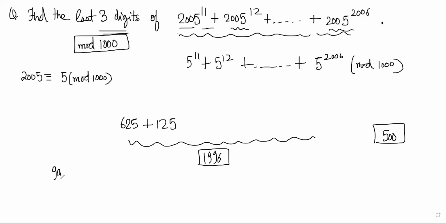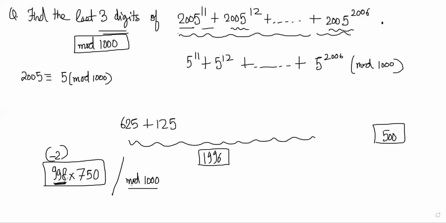Finally it will be 998 into 750. I forgot to add a zero at the back. So mod 1000, you can say that 998 is minus 2 mod 1000, and 750 is minus 250 mod 1000. So it will be 500.